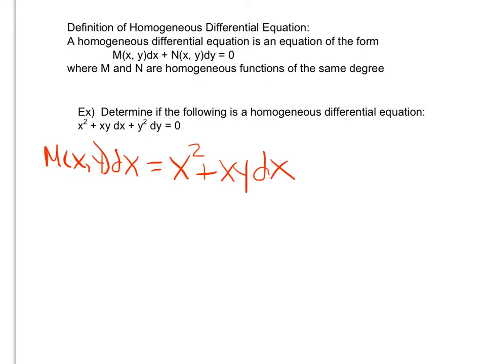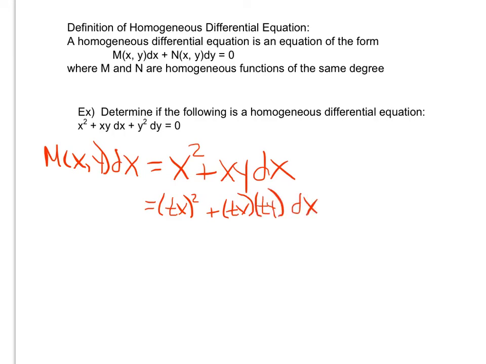So I need to determine, is that homogeneous? So using that same concept that I just used, I'm going to check, does M of tx, ty give me t to the n times M of x, y? So I'm going to plug in tx for x and ty for y.